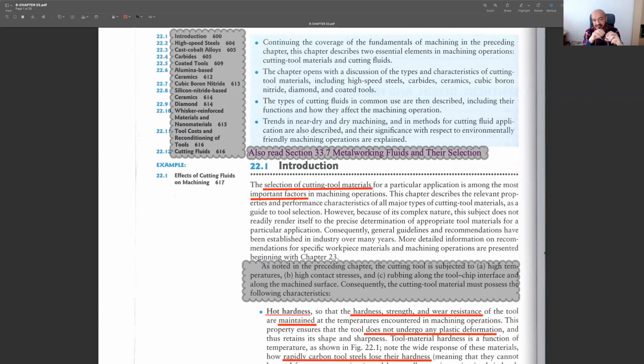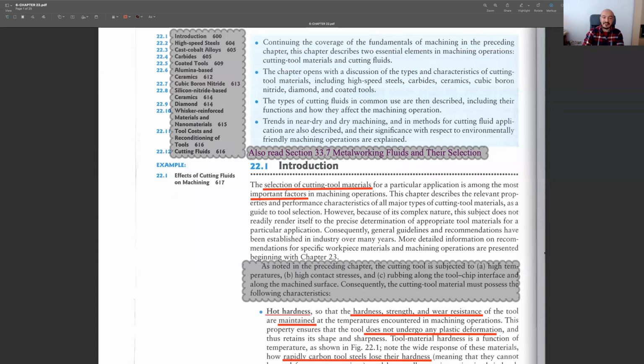And the second requirement is that the cutting tool material should be harder than the workpiece material. Otherwise, it cannot remove material. For instance, think about this cutting tool material made of PLA type of thermoplastics, and if I use it as a tool to try to remove material from this aluminum, it's not possible since aluminum is harder than this PLA material, and that's why we cannot use this plastic as a tool to remove material from the aluminum.